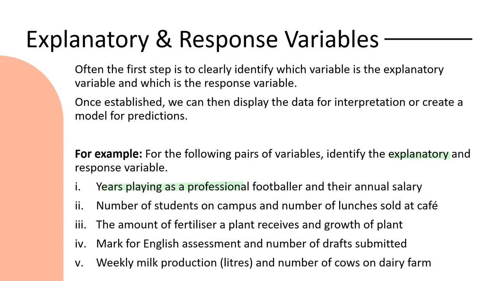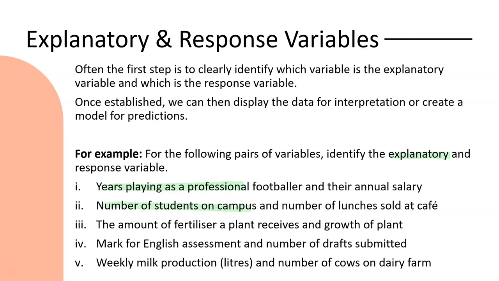For the second example, the number of students on campus and the number of lunches sold at the cafe. The number of lunches sold could be impacted by the number of students on campus. If there's a lot of students out for excursion, a camp going on, or it's exam period and not many people are on site, the number of lunches sold might be smaller than normal. Therefore, our explanatory variable is the number of students on campus.